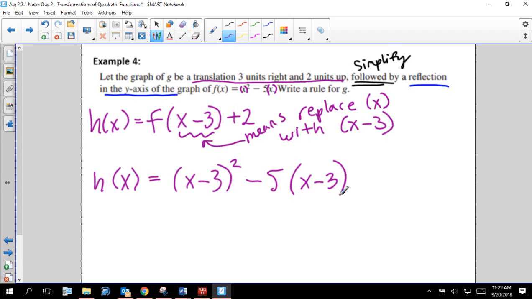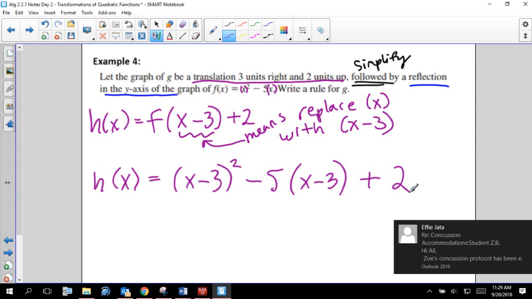But after I do that, what's the plus 2 mean? What's that mean for my equation? You just add it on the end, plus 2. That's what that means. Add it to the outside of whatever you already did. So you see how I had to put that in 2 spots.